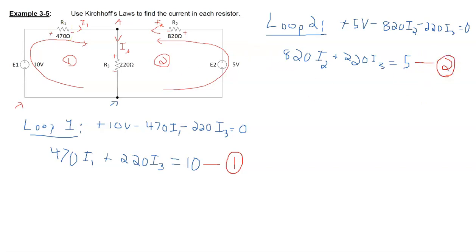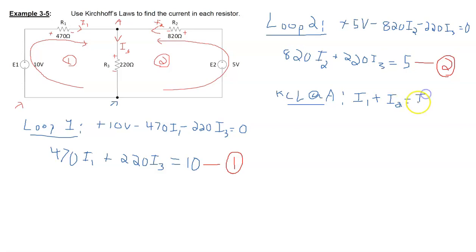So I need 3 equations. And so the other equation has to come from Kirchhoff's current law. So Kirchhoff's current law then at node or junction A. And again, the sum of the currents that enter is I1 plus I2. And that equals the sum of the currents that leave, which is just I3.